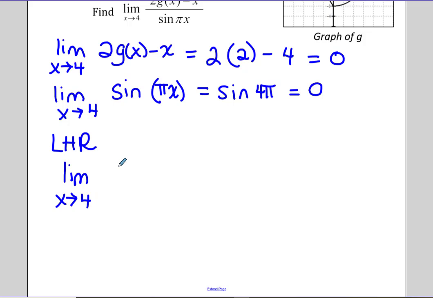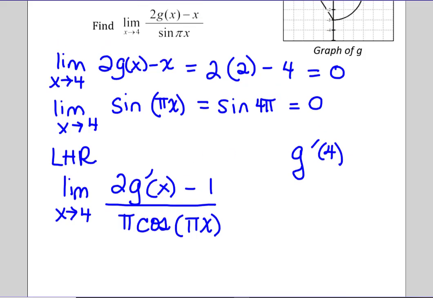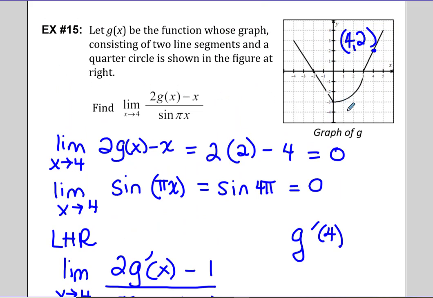And by L'Hopital's rule, taking the derivative of the numerator is going to be 2g prime of x minus 1 divided by pi cosine pi x. And then we want to see what's the derivative at 4. And the derivative at 4, this is the graph of g. The derivative at 4 looks like the slope is 2.